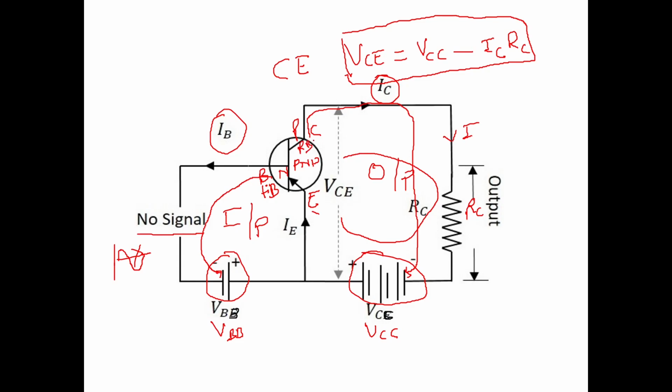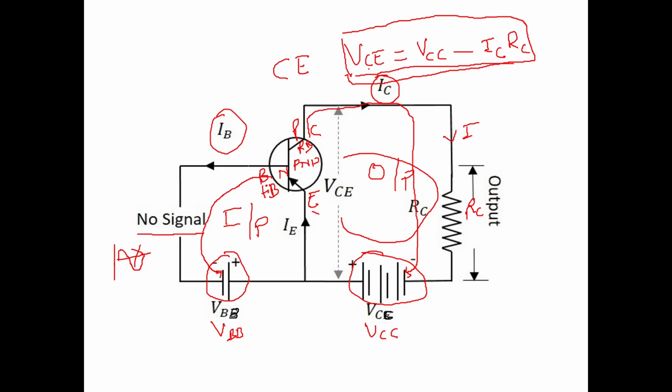So here you can see forward bias and reverse bias, and this is what you require to make the transistor work in active mode to be used as an amplifier. And in the output loop, you will get this equation.